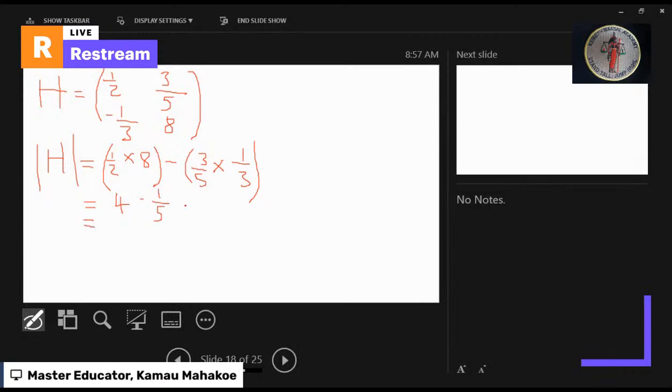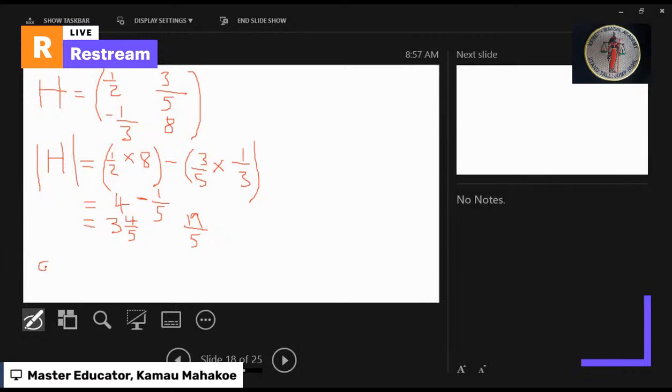And 4 minus 1/5, that would be 3 4/5. Okay, we know that's 19/5 as an improper fraction.